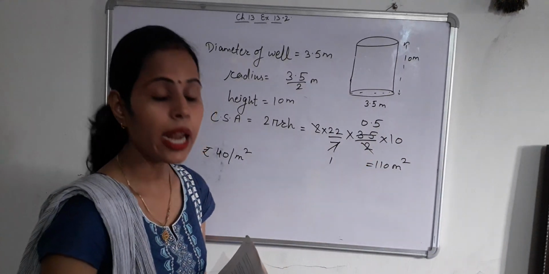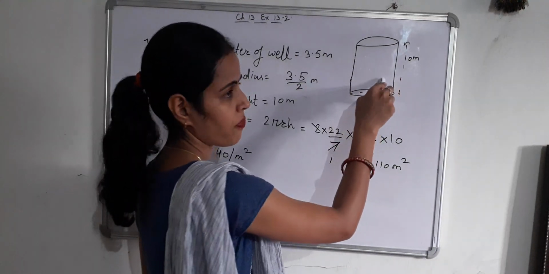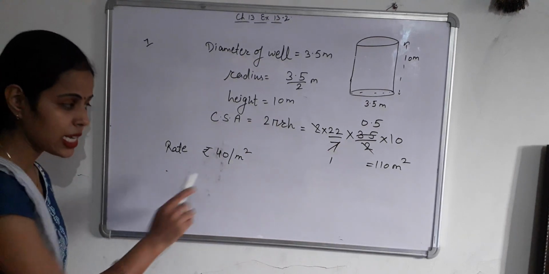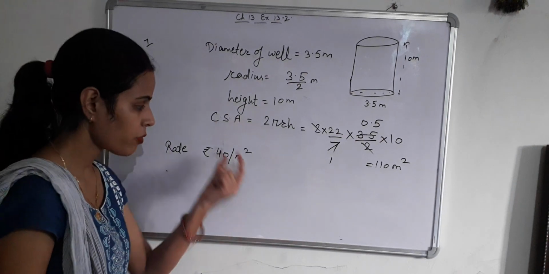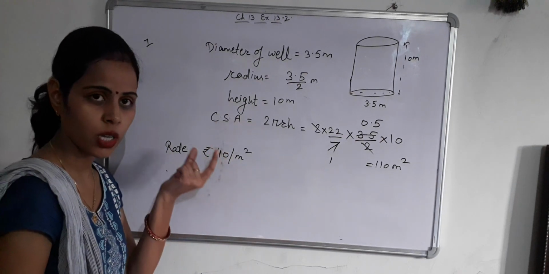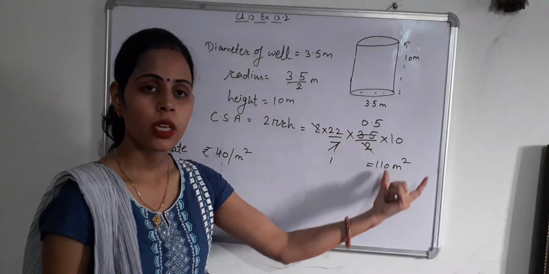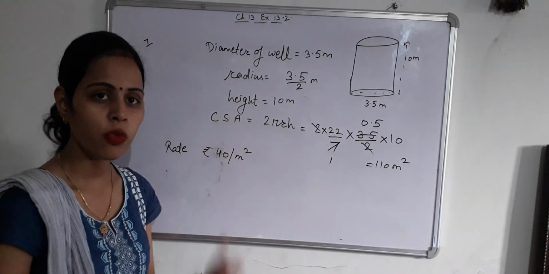Another condition is that find the cost of plastering this covered surface area at the rate of rupees 40 per meter square. Rate is given rupees 40 per meter square, means at 1 meter square rupees 40. So we can say that at the 110 meter square total cost will be 110 into 40.